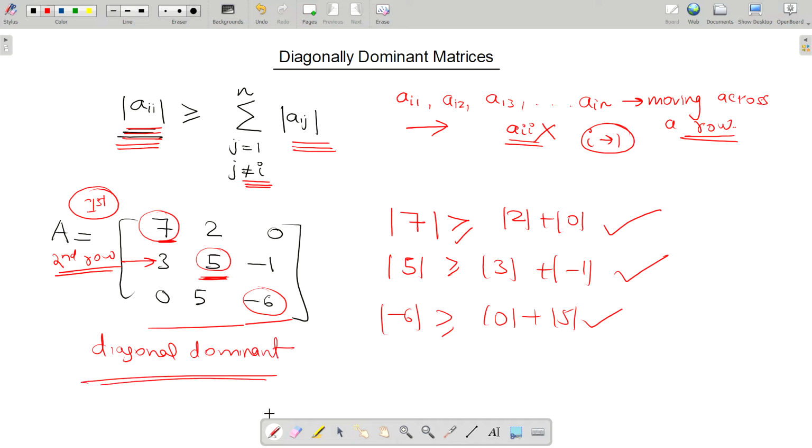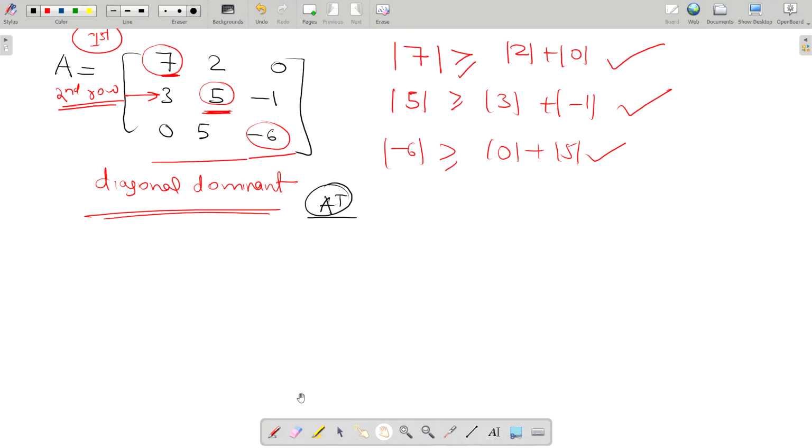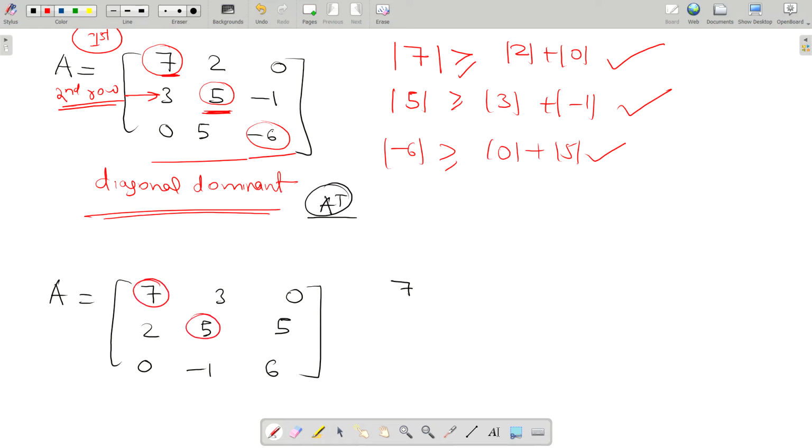Now, if we take the transpose of this, will the matrix remain diagonally dominant? Let's check. The transpose is [7 3 0; 2 5 5; 0 -1 6]. Again, mark the diagonal elements 7, 5, and 6.